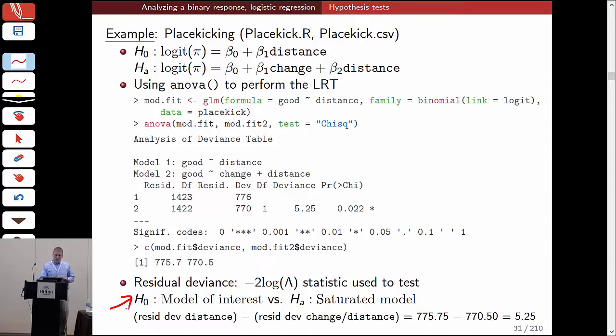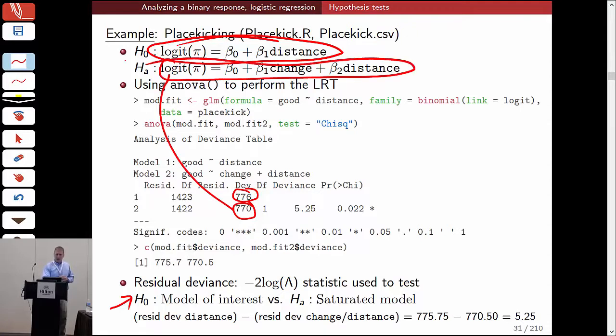And so this 776 is the residual deviance for this model compared to a saturated model. This 770 is the residual deviance, or a negative 2 log lambda statistic, comparing that model to a saturated model.